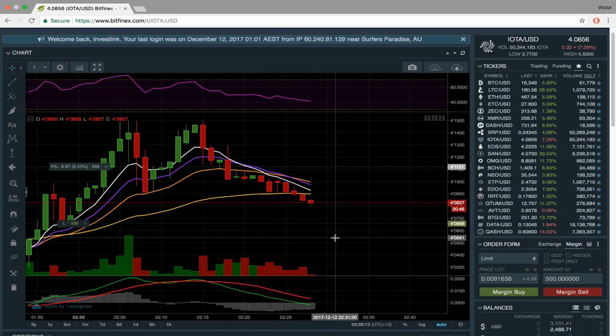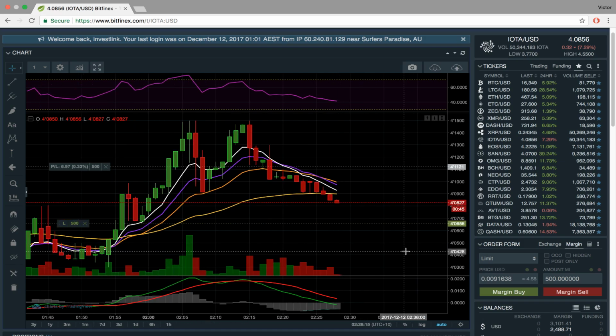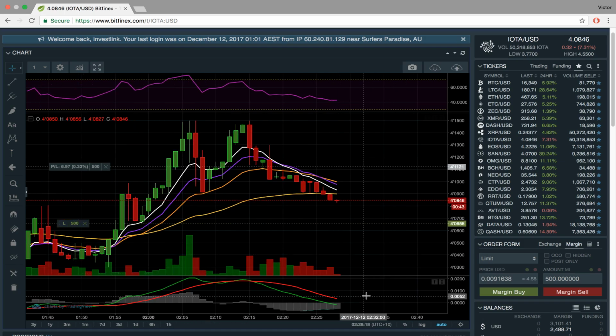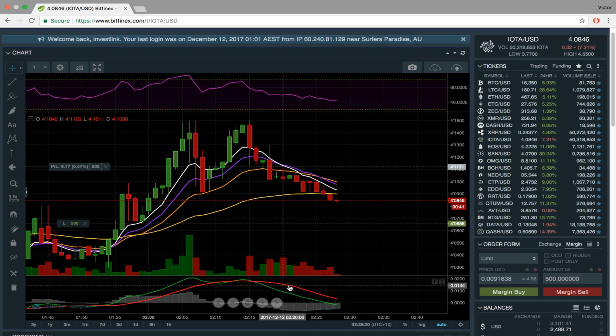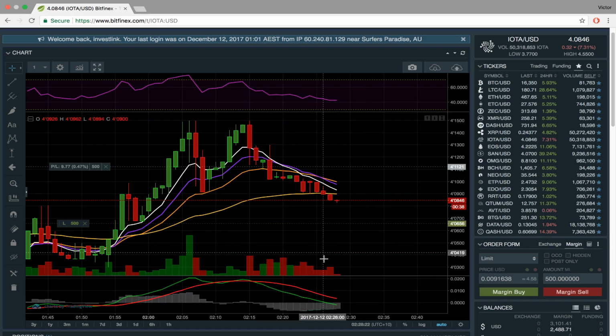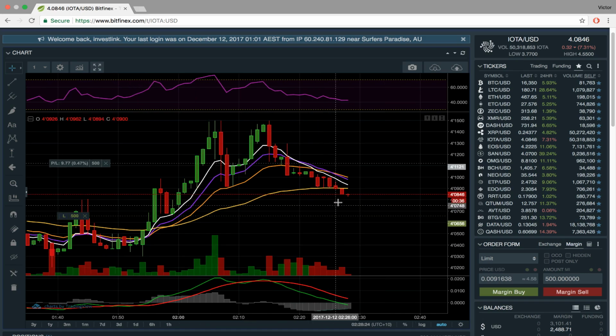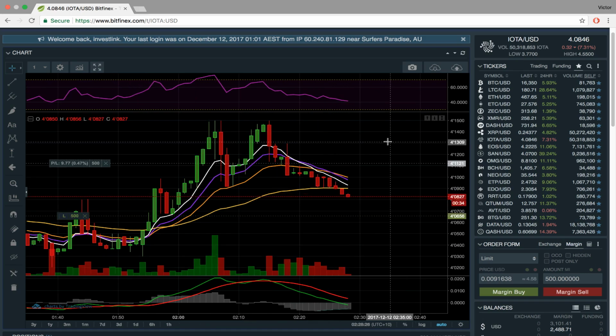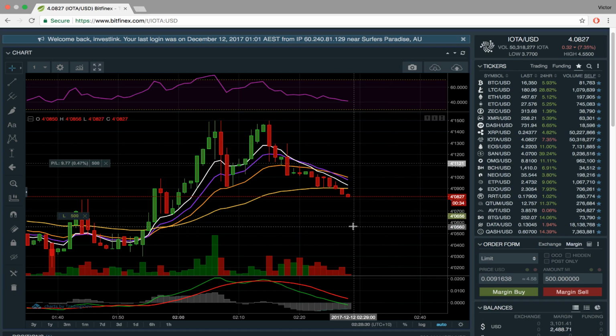So that's something to keep an eye on. That basically means that these lines are looking to cross back over again, which means that we could be seeing another rise in price. But I still wouldn't stress out about it too much. We'll keep an eye on it still.